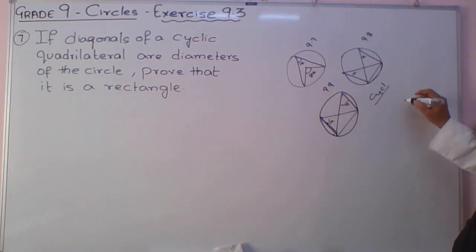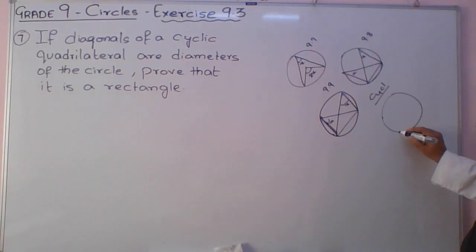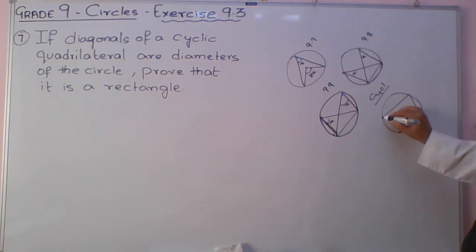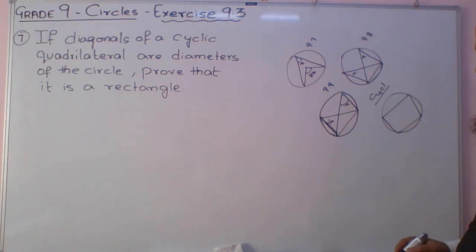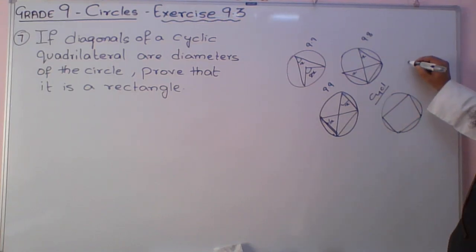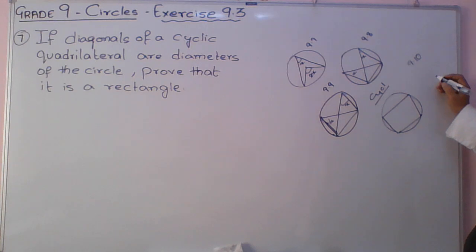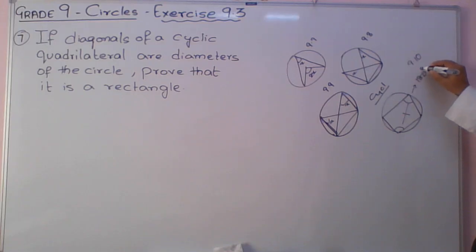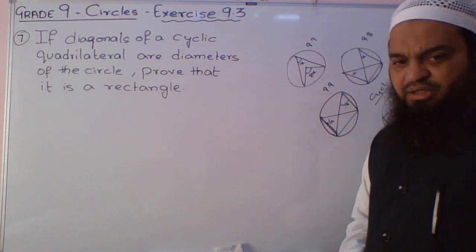What is a cyclic quadrilateral? If the 4 points of a quadrilateral lie on a circle, it is a cyclic quadrilateral. Is it right? And after that 9.10: the opposite angles are supplementary, they add up to 180 degrees. Is it right, my dear students?